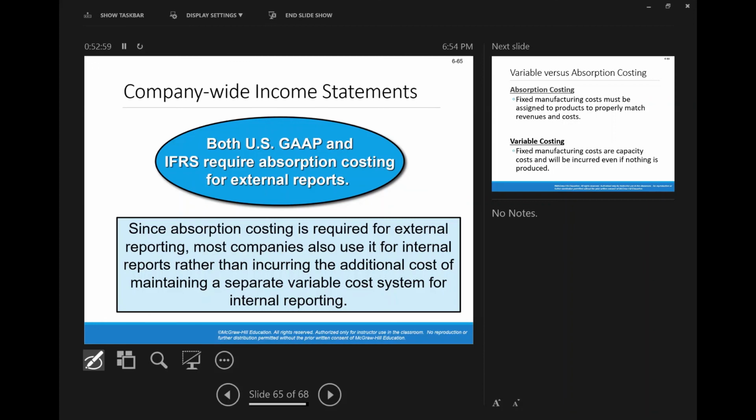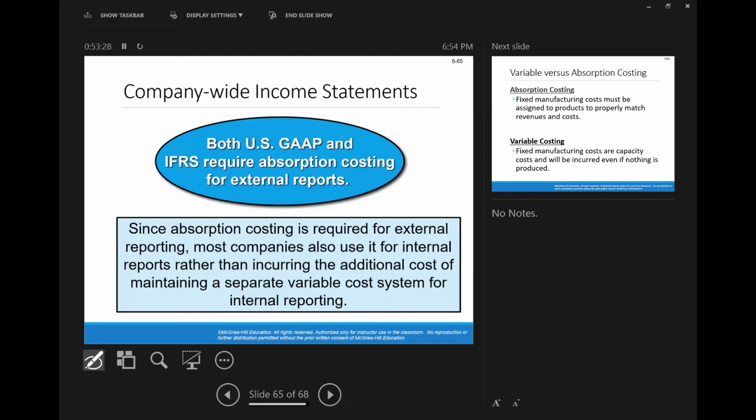So they sometimes don't agree, but for this, they require absorption costing for external reports. Absorption costing, remember, is taking some of that fixed cost and putting it on the units. So for my external reports, that's how it's got to be presented. If I'm looking at financial statements that are by contribution margin, I'm going to have to change that for external reporting.